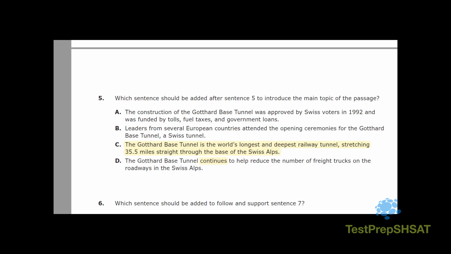From our reading, we know the main idea of the passage is the Goddard Tunnel solved the problem of taking a long time to transfer goods and people over or across the Alps between Italy and Switzerland. Let's look at B. Leaders from several European countries attended the opening ceremonies for the Goddard-based tunnel, a Swiss tunnel. No, that's, again, not relevant to the main idea of our passage.